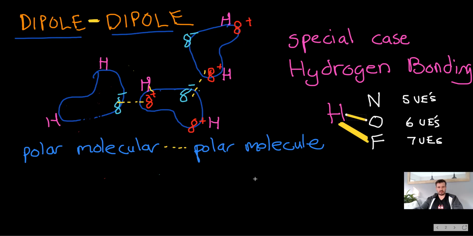And then your nitrogen is going to be a bit weaker because it's only got the 5 valence electrons. So if you get asked in a multiple choice which is the strongest between hydrogen and fluorine, hydrogen and nitrogen, hydrogen and oxygen, you know that it'll be fluorine. All you do is look at your periodic table and go, fluorine, I know, has lots of electrons. It's going to be attracted a lot to this hydrogen.